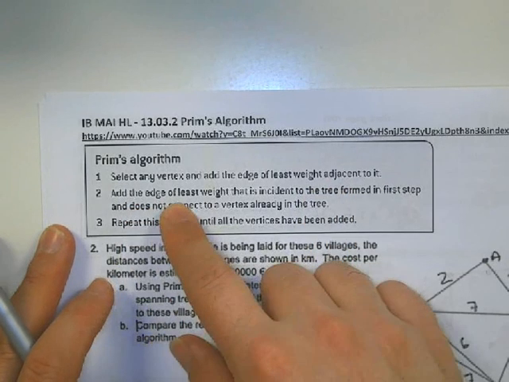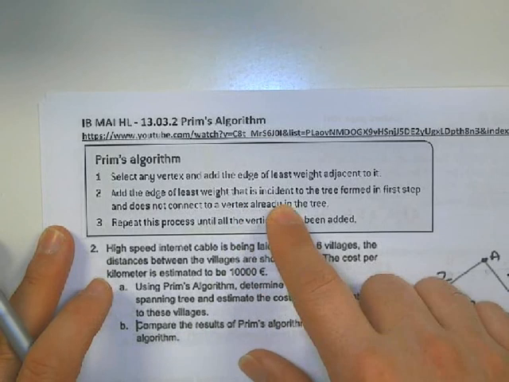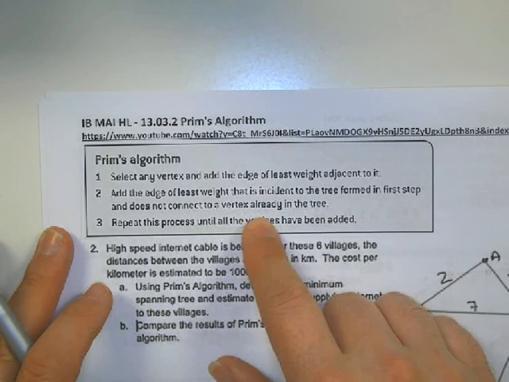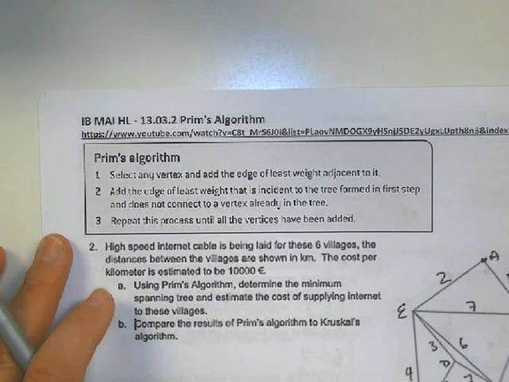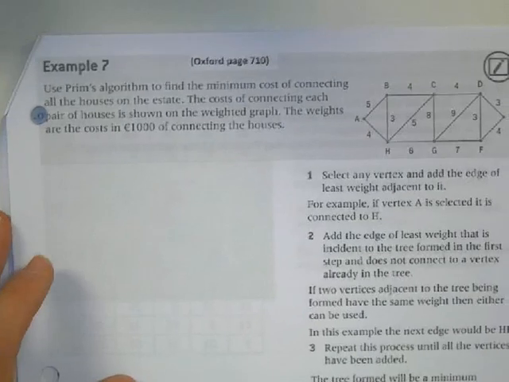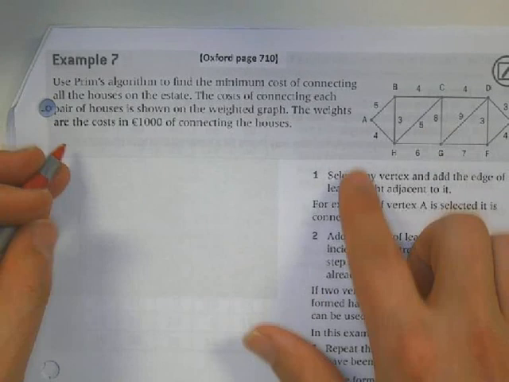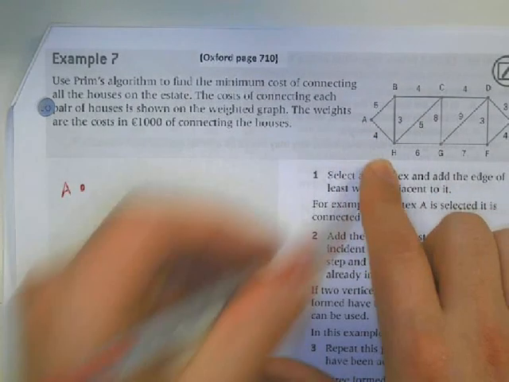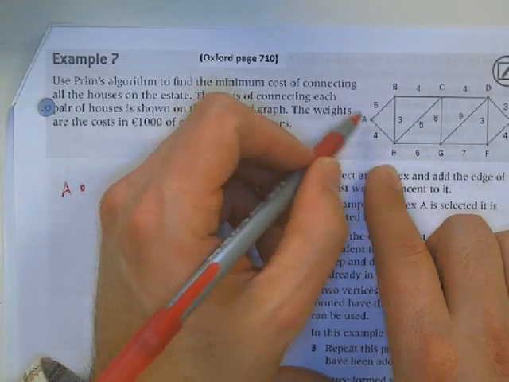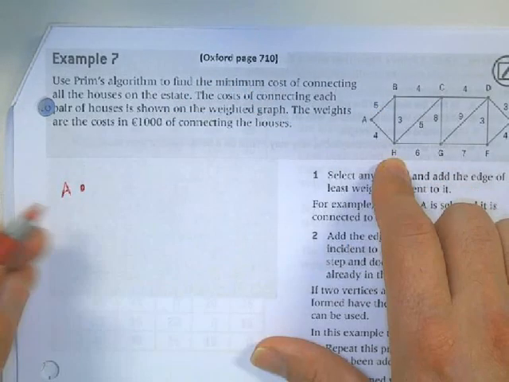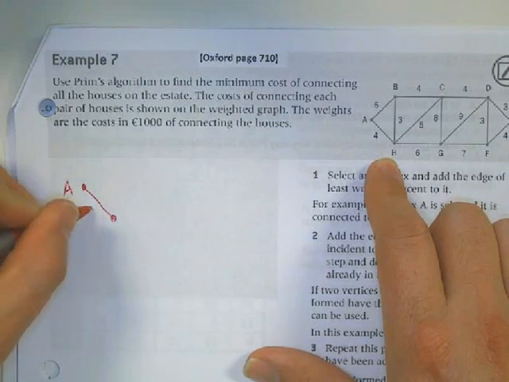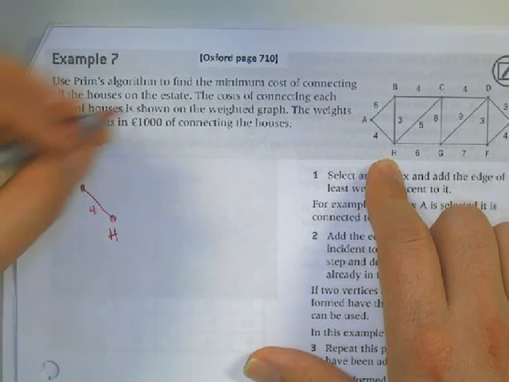Add the edge of the least weight that is incident to the tree and does not connect to a vertex already in the tree. So I'm just going to start with A. The smallest weighted edge to A is H, so that's going to be 4.